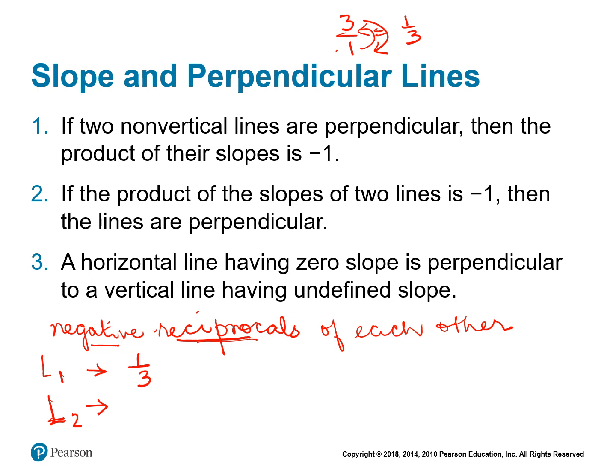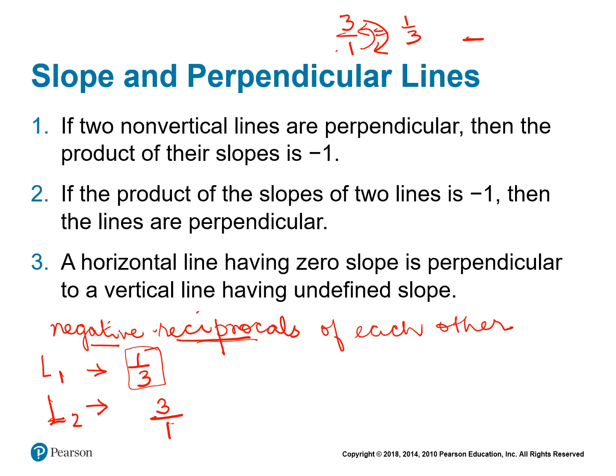And negative reciprocals mean we just put a negative sign to the reciprocal that we formed. So if L1 has a slope of 1/3, first of all, the reciprocal of 1/3 is, you flip the numerator and the denominator, and it becomes 3/1.